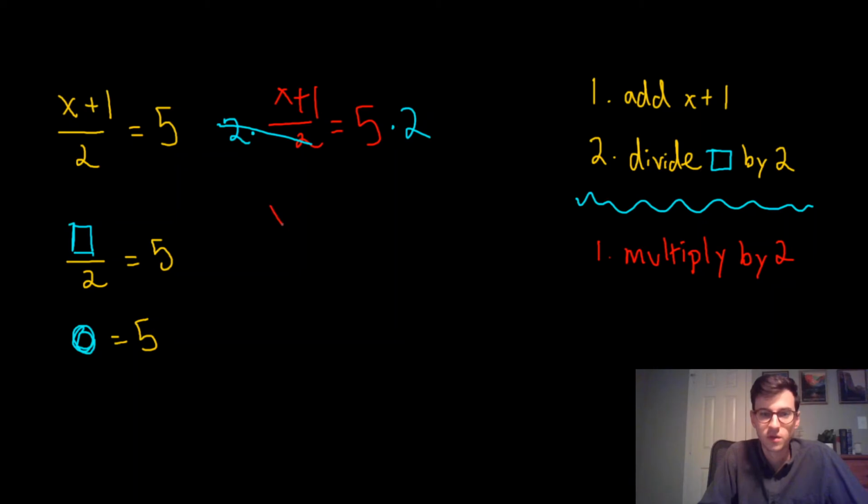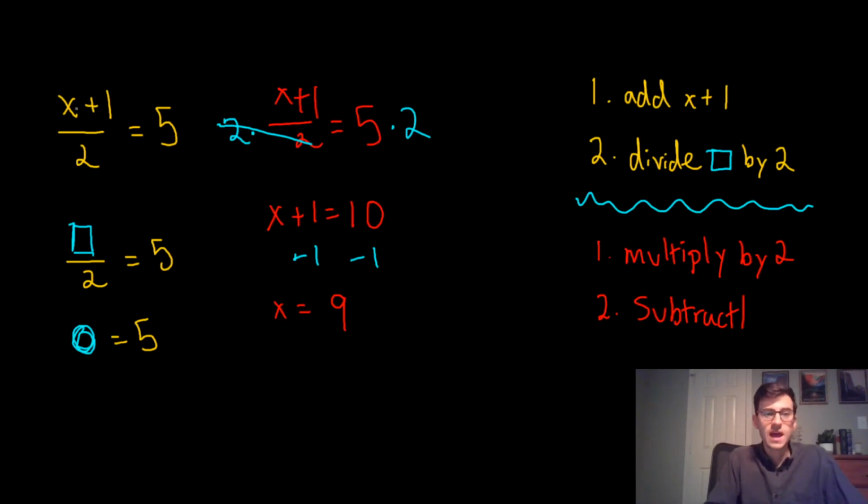So I'm left with x plus 1 equals 5 times 2, which is 10. Now instead of adding 1 to x, we're going to subtract 1. So if I subtract 1 from both sides, x equals 10 minus 1, which is 9.